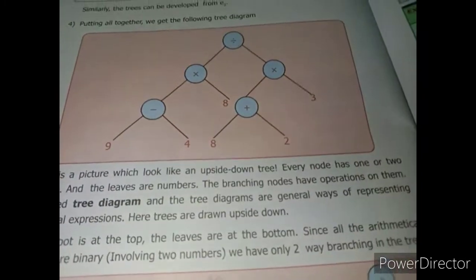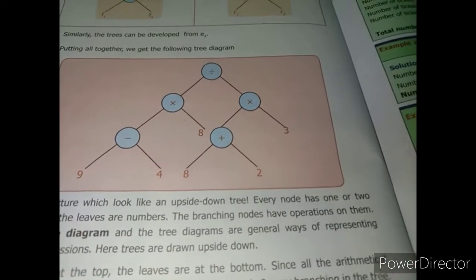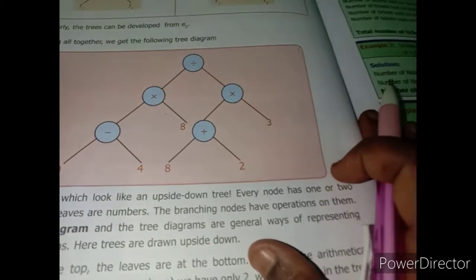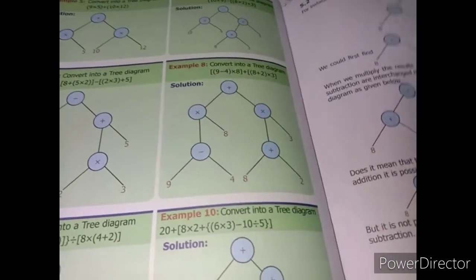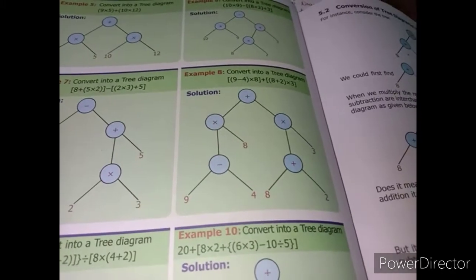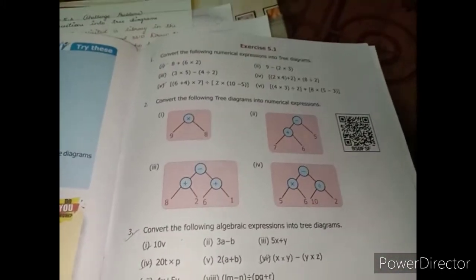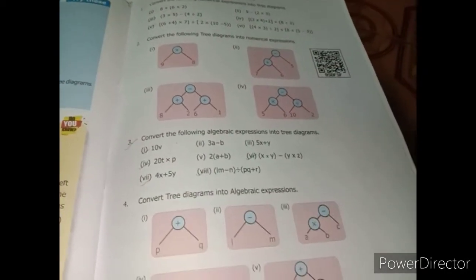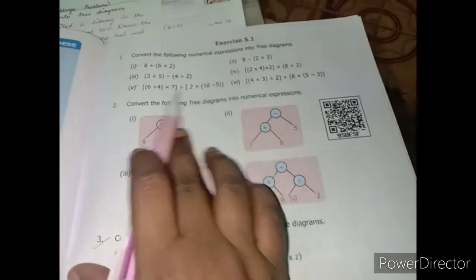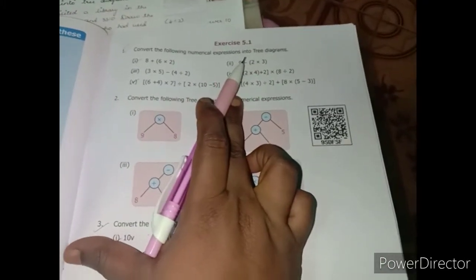If I solve one sum, you will be able to understand the whole exercise. In this chapter we are going to have two exercises, exercise 5.1 as well as 5.2. I am going to complete both exercises in this same video itself. So shall we proceed with exercise 5.1?